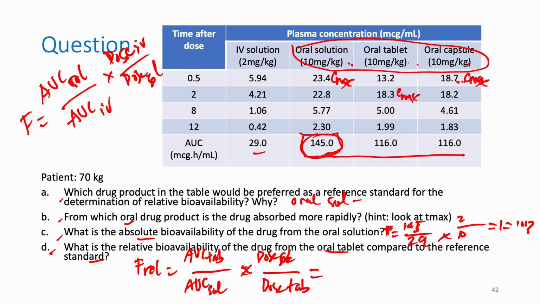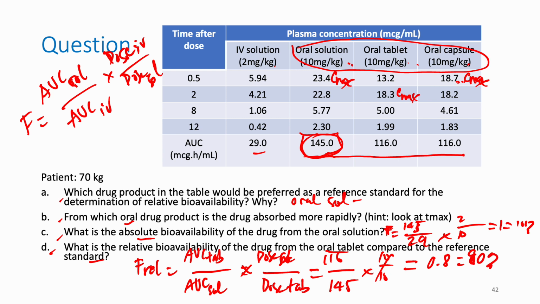Then F relative is equal to the AUC of the tablet, 116, divided by the AUC of the solution, 145, times the dose. Both have the same dose, 10 and 10, so you can cross out. Finally, the F relative is 0.8, or 80%.